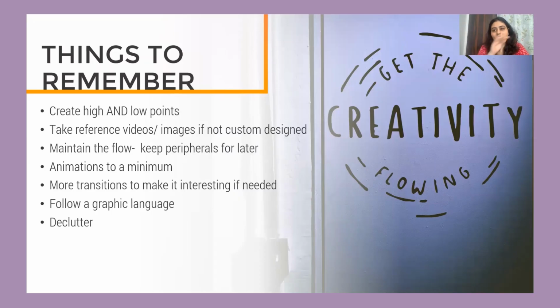So you have to have moments when it's a bit low, and then suddenly moments which are extremely high in momentum, so that it takes the event from emotional to dramatic. But it has to have those subtle moments in between for that emotional moment to be really impactful. If you have everything at the same level, it is not that impactful. So try and create high and low points both.